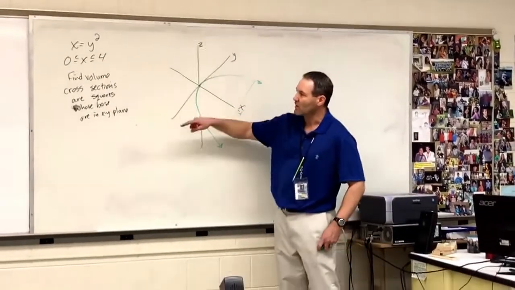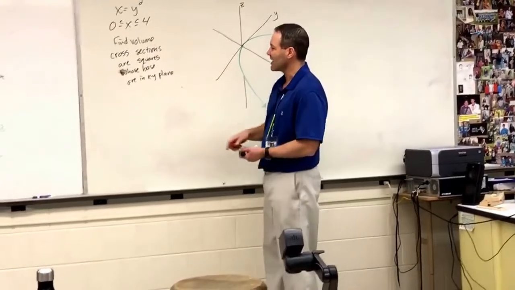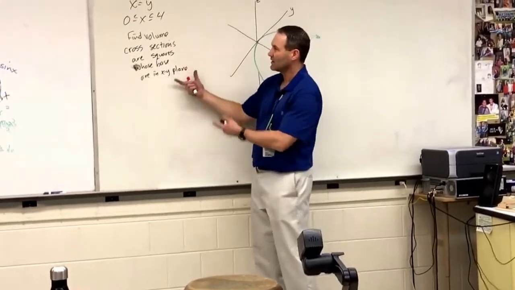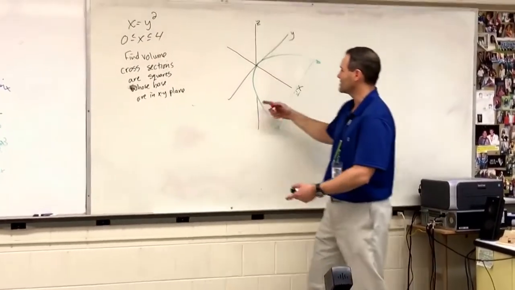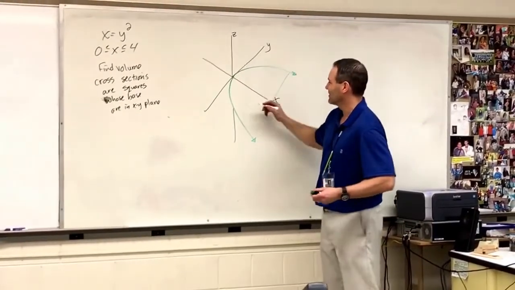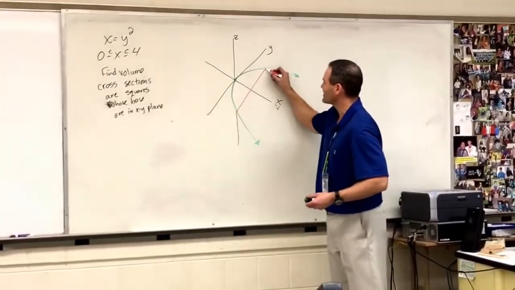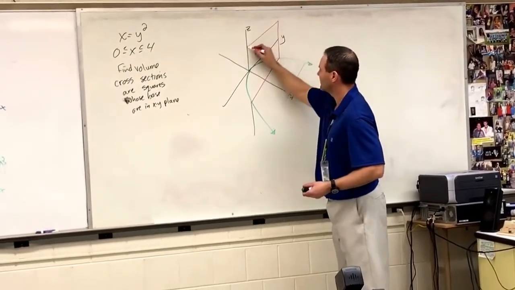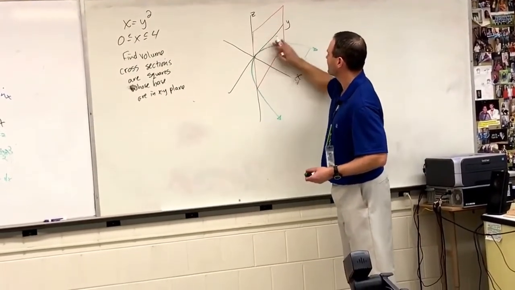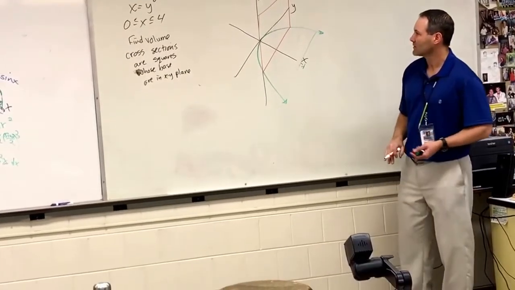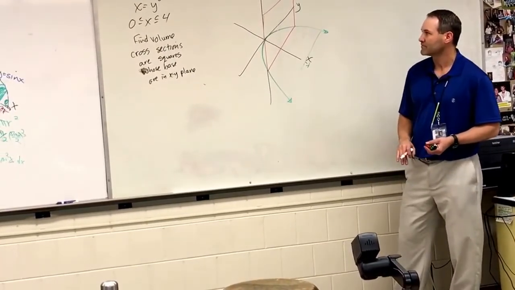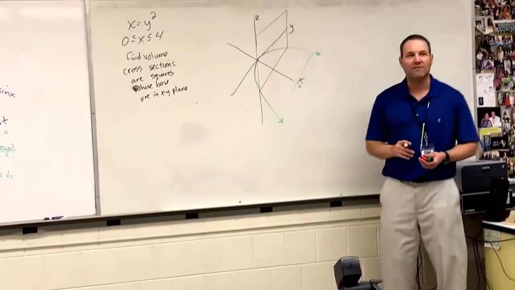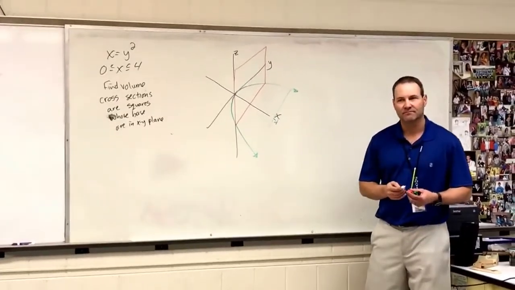So cross sections are squares based in the xy plane that connect with these. So here's one of my cross sections. It's really hard to draw this all in the same color. So see if you can find that volume.